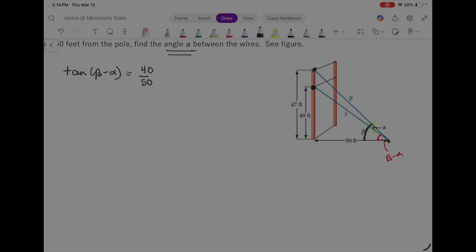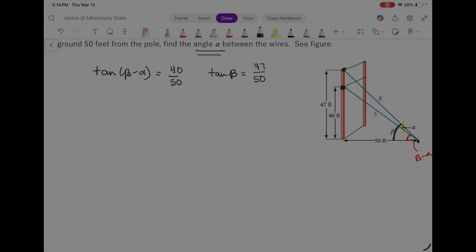Okay. Another fact that I know is that tangent of beta is equal to 47 over 50. Okay. And I don't know alpha. All right, so let's use what we know here. Let's use the sum and difference formula for tangent here. I actually think I'll go with the 4 over 5. What is the formula?